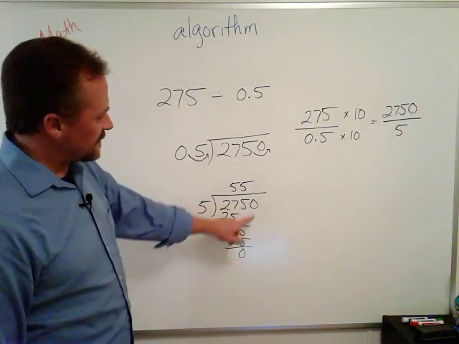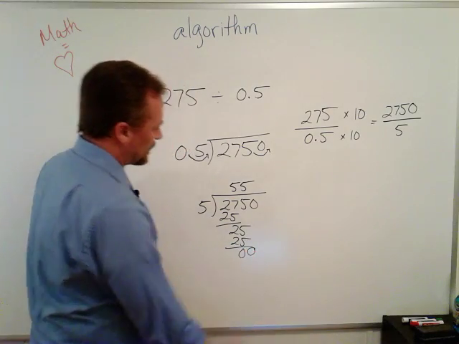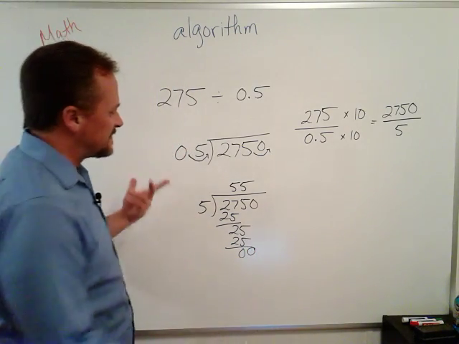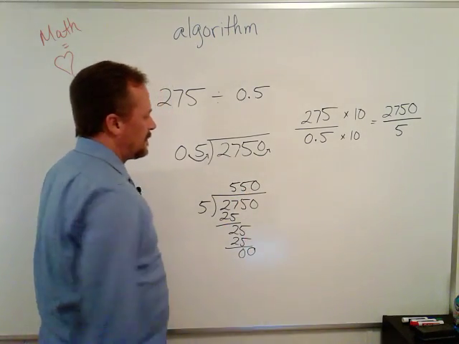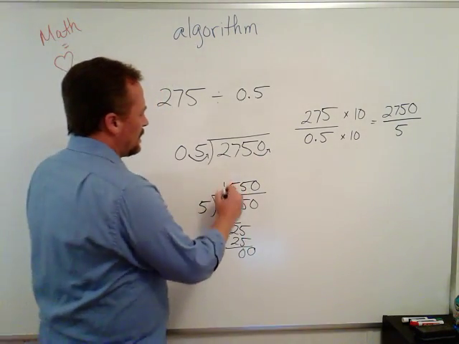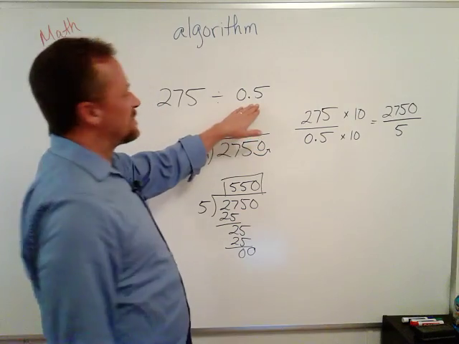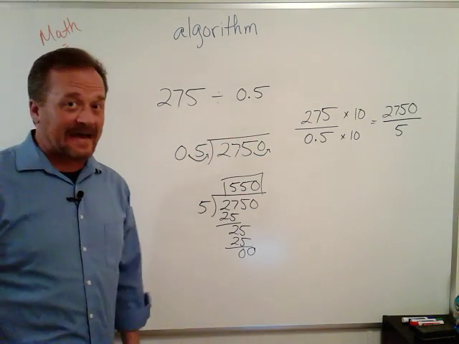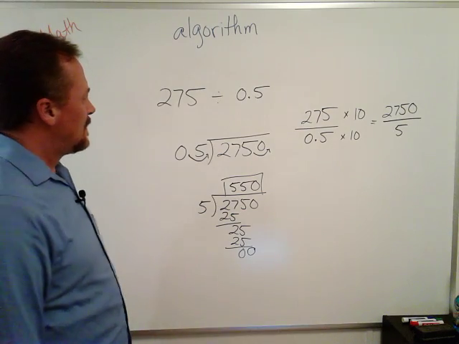This time we're not quite done yet, because we do need to bring a 0 down here. 5 doesn't go in, 0 divided by 5 is 0. So, a half can fit into 275 550 times, okay?